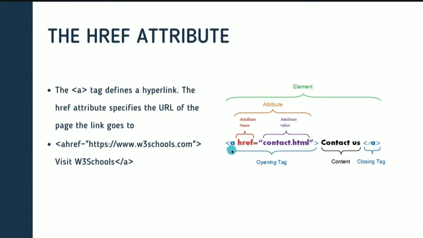We have the anchor tag, which is represented by this character A, and in the opening tag we have the href attribute, that is the attribute name, and we have the value, which often points to the link where we want to be directed to when we click on the link. And you have the content here and the closing tag. So this is how the href attribute is being used in the anchor tag.